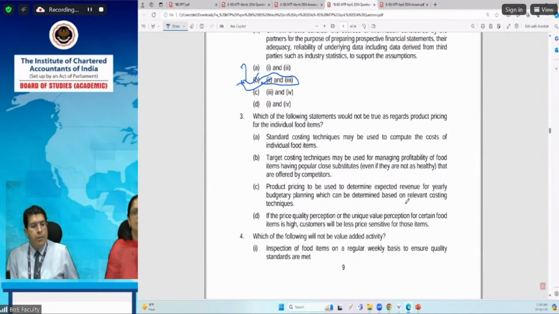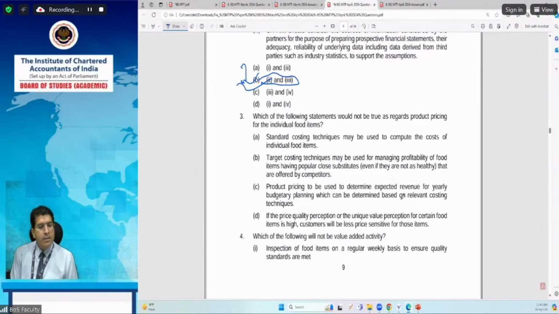This MCQ is relating to pricing decision. Which of the following statements won't be true as regards product pricing for individual food items? First option, they have given: standard costing techniques may be used to compute the cost of individual food items.